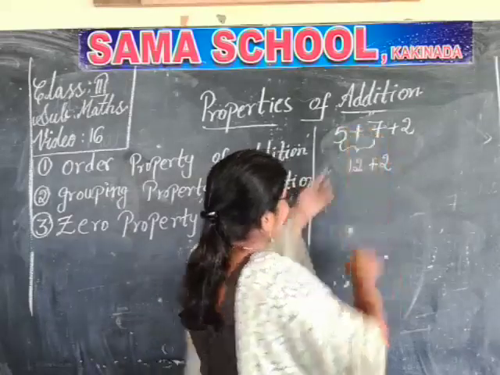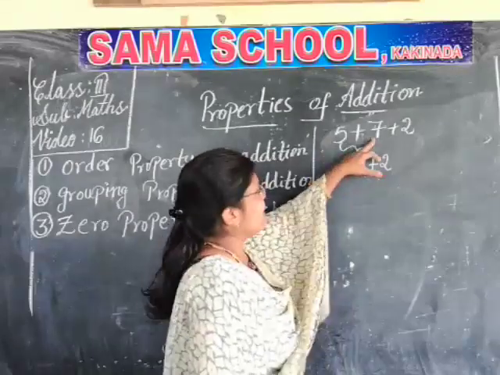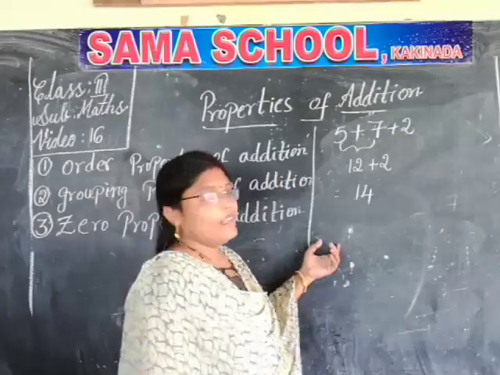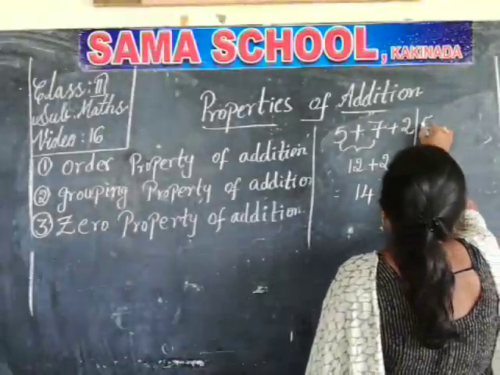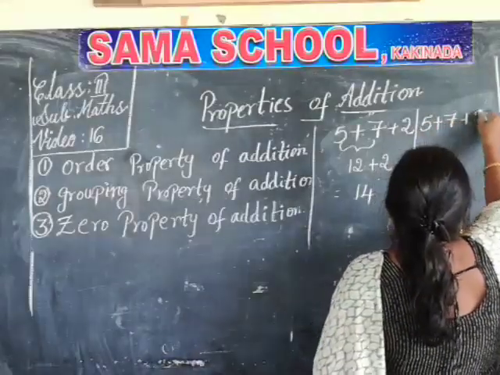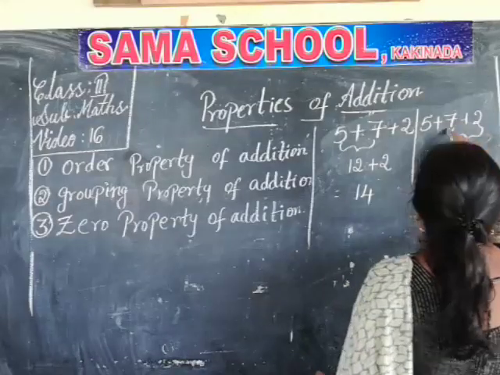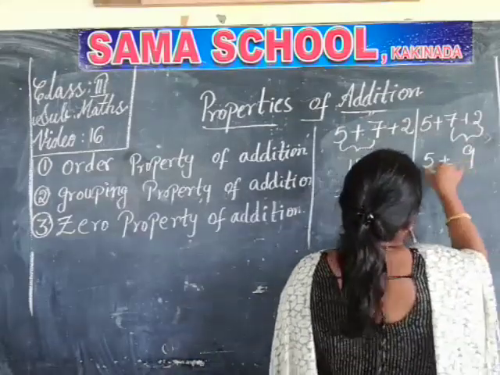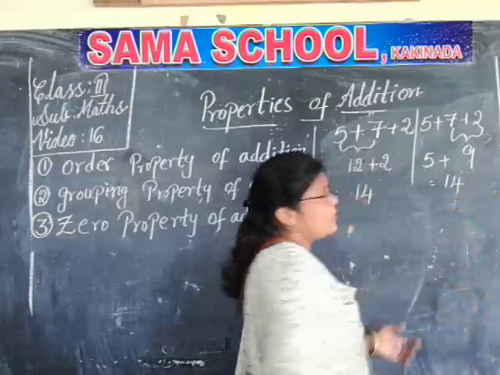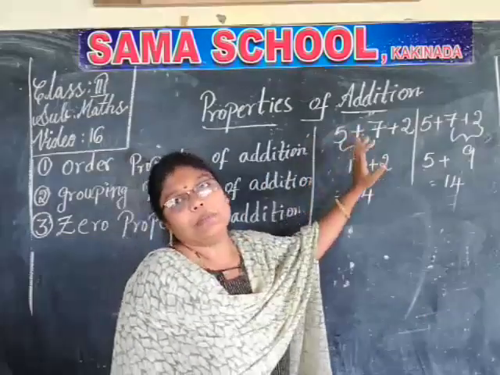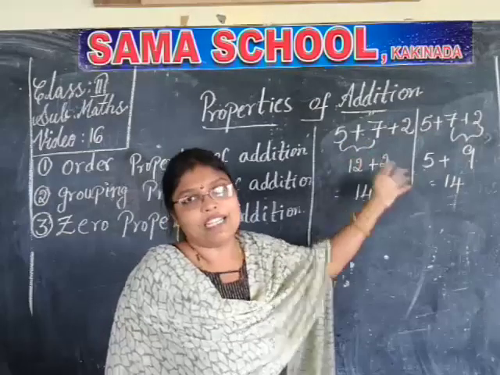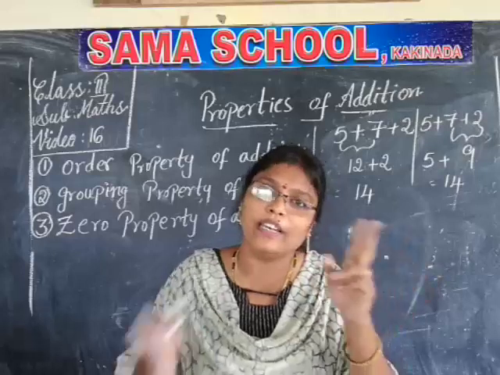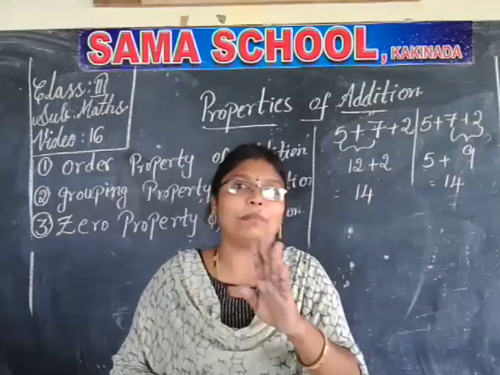First you are adding these two numbers, 5 plus 7 is 12 and 12 plus 2 is 14. Right. Now let us add like this, 5 plus 7 plus 2. Now first add these two numbers, that is 7 plus 2, 9, and add this 5 to the 9. 5 plus 9 is 14. So whichever two numbers we add, the sum remains the same.